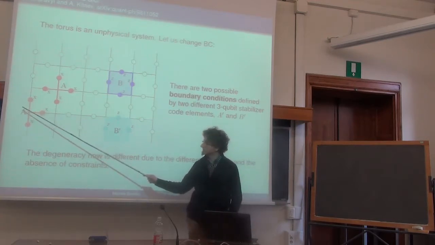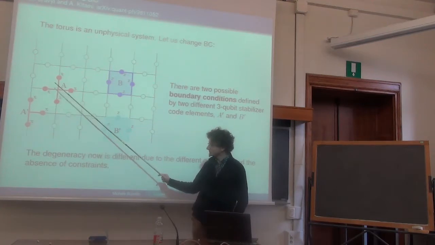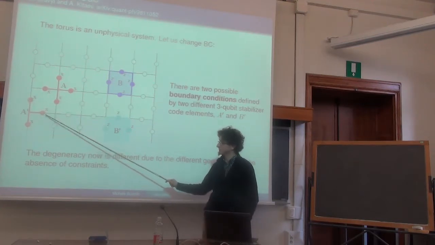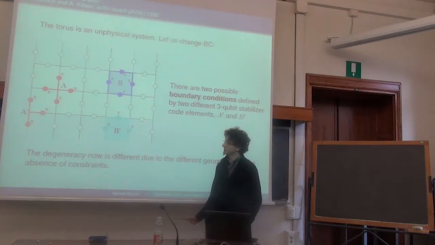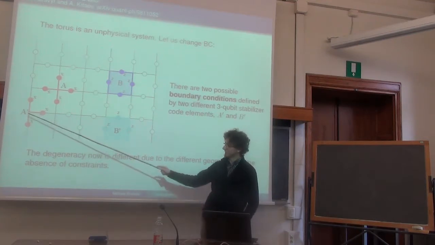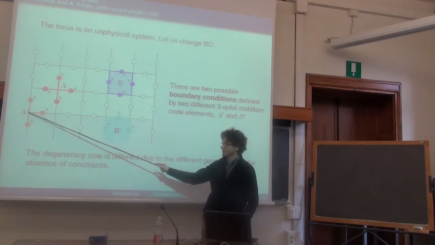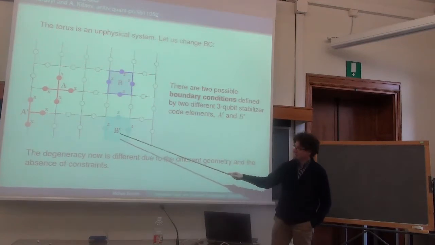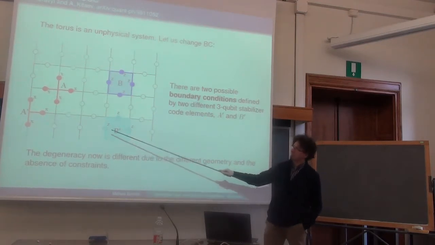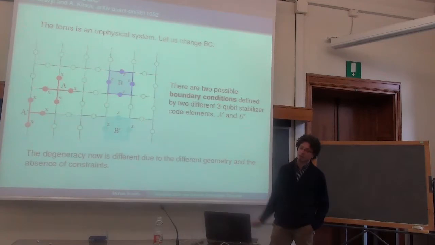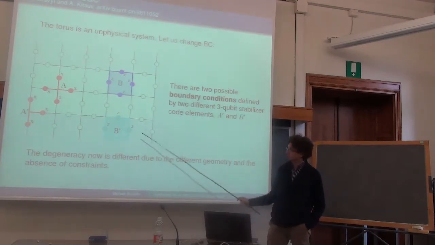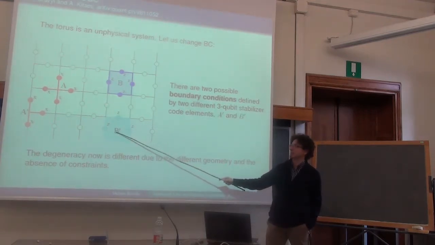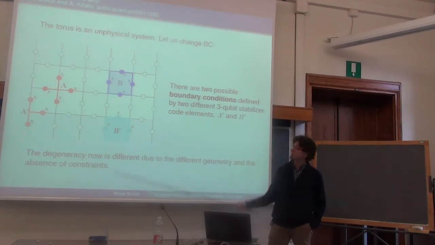Essentially, we have this A on the boundary, which is the product of these three sigma x operators, so it is still able to detect whether we have some sort of excitation, some sort of electric charge in this vertex. And in the same way, we may define a partial plaquette given by the product of three sigma z operators, which is able to detect whether I have a magnetic flux inside this boundary plaquette.